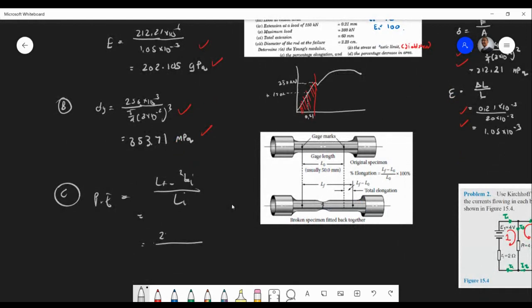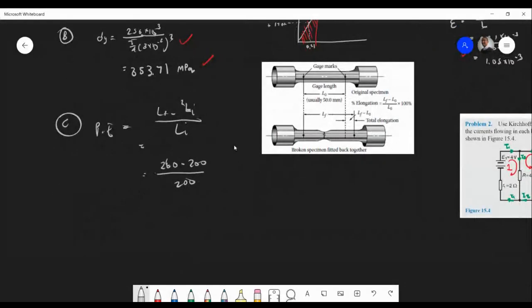So it's 260 millimeters minus 200, over 200. Yeah, I fell victim to these units. And you should get 0.3. Yeah, that looks proper. So 0.3 or 30%.